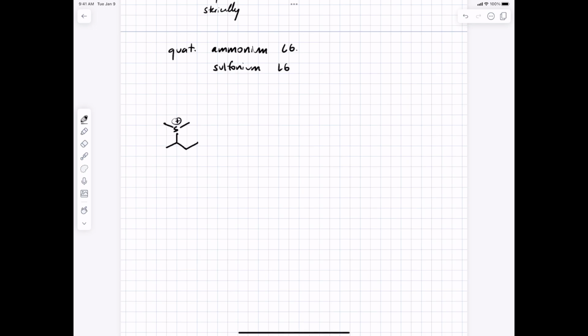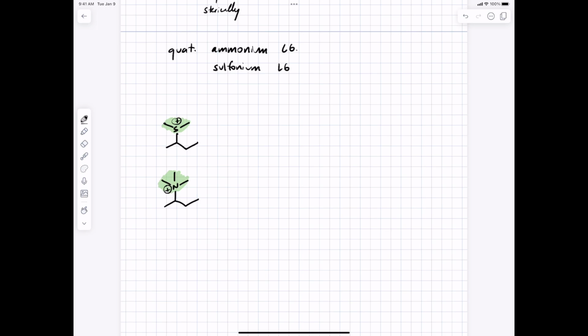This is a sulfonium group, and then this is a quaternary ammonium group at the 2 position of a butane ring. The leaving group I'll just highlight in green. It can leave as something that's neutral, so that's not a bad situation.